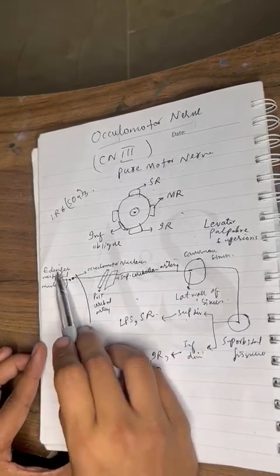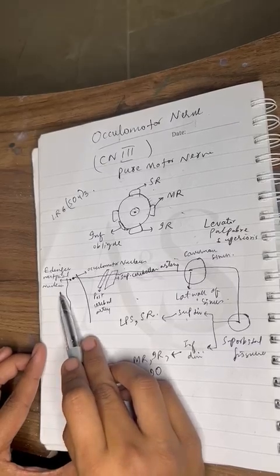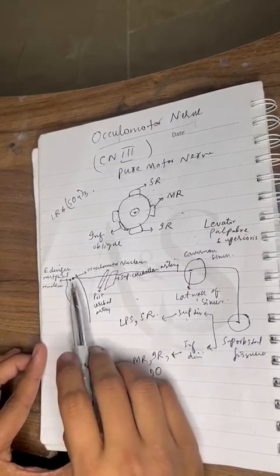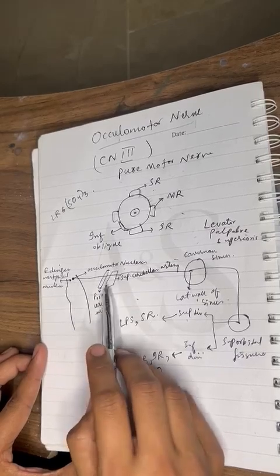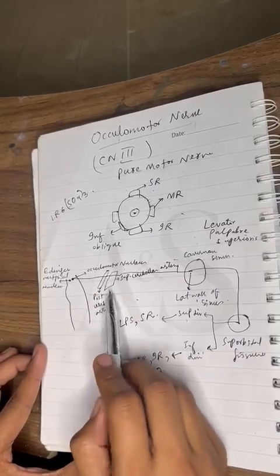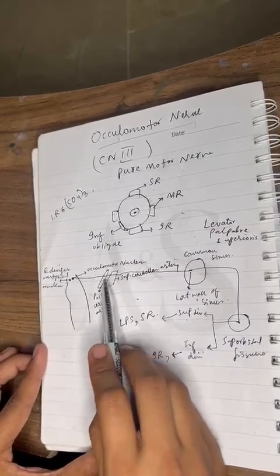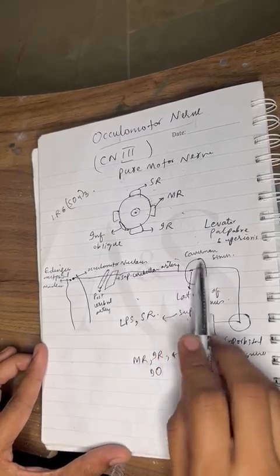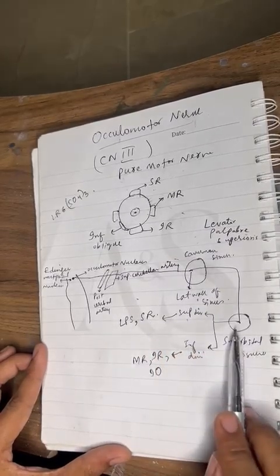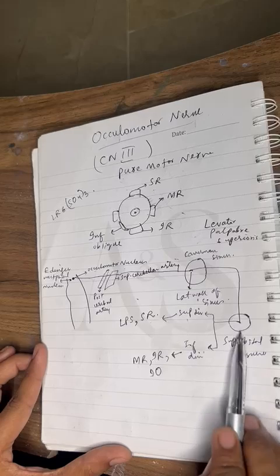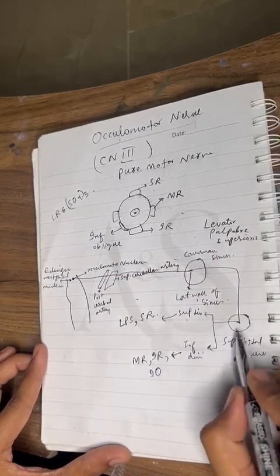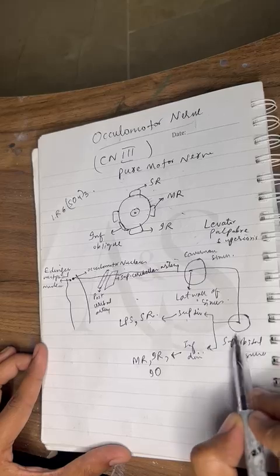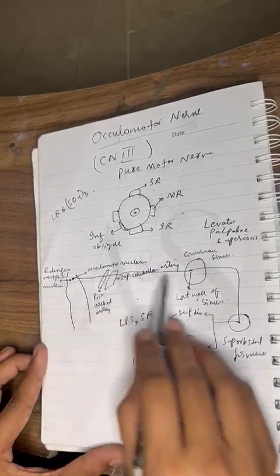Now if we talk about the Edinger-Westphal nucleus, the parasympathetic nucleus of the oculomotor nerve, it also follows the same pathway. It exits from the midbrain, enters between the 2 arteries, posterior cerebral and superior cerebellar, passes through the lateral wall of the cavernous sinus and then reaches the superior orbital fissure. But it doesn't actually go with the main nerve.